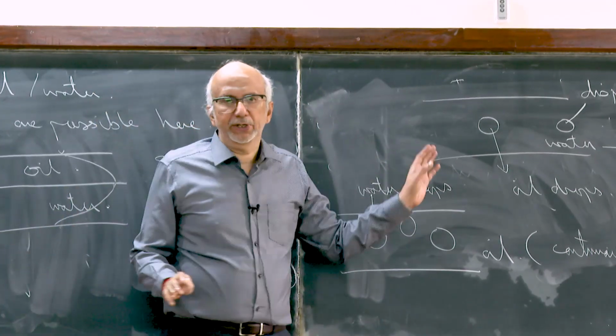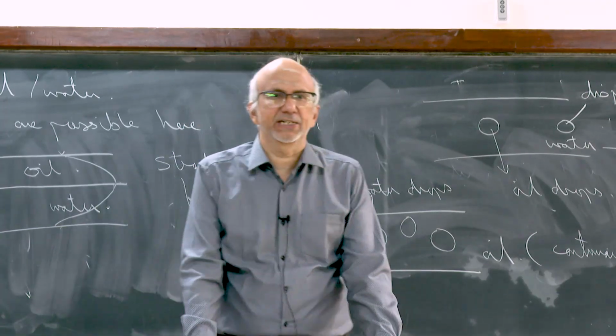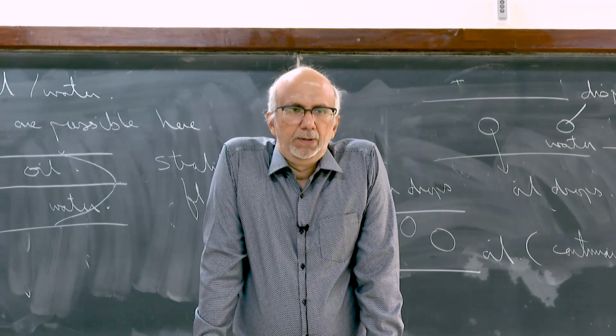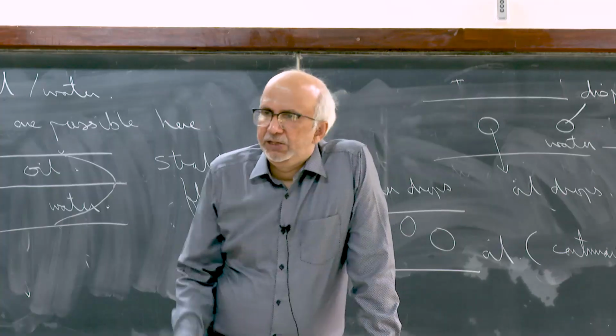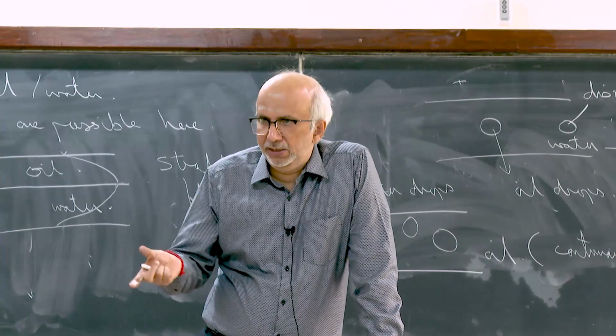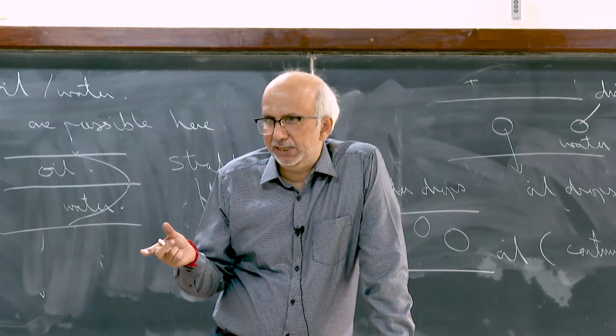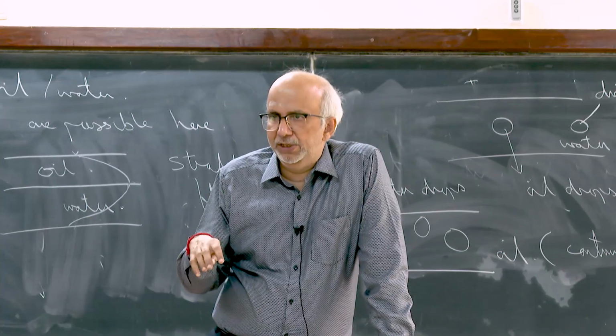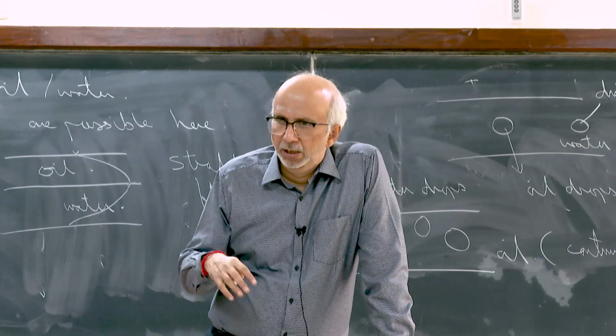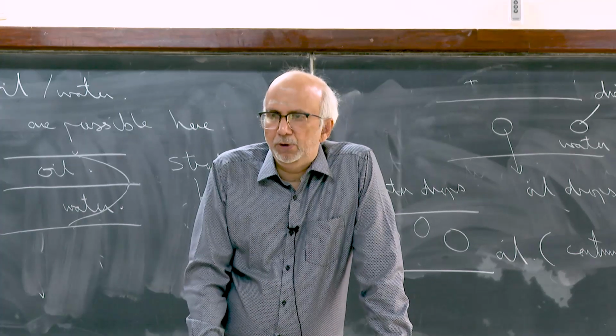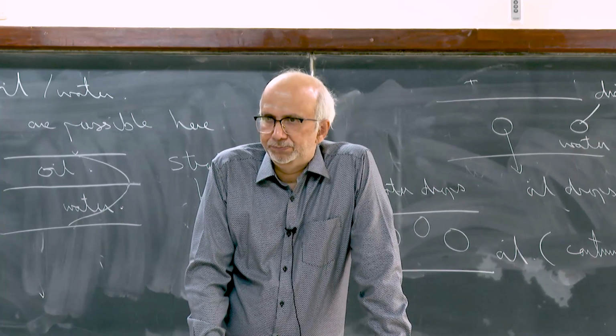Under what conditions will you get a flow like that? What decides this? Because if you understand it, then you can design your reactor, your experimental setup for a particular flow regime, and then you can possibly get better efficiency.